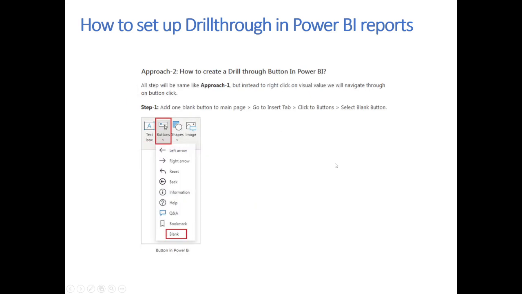Approach 2: how to create a Drillthrough button in Power BI. All steps will be the same as approach 1, but instead of right-clicking on a visual value, you will navigate on button click. So add one blank button to the main page. Go to the Insert tab, click Buttons, then select Blank button.